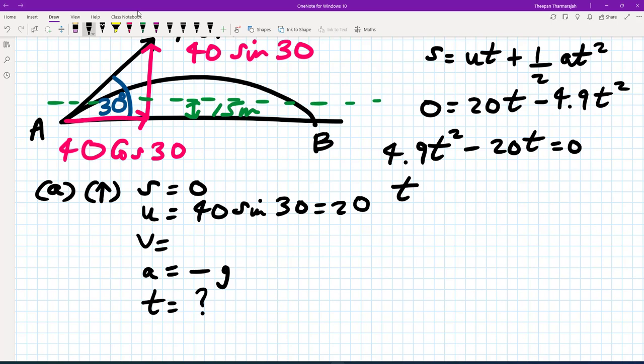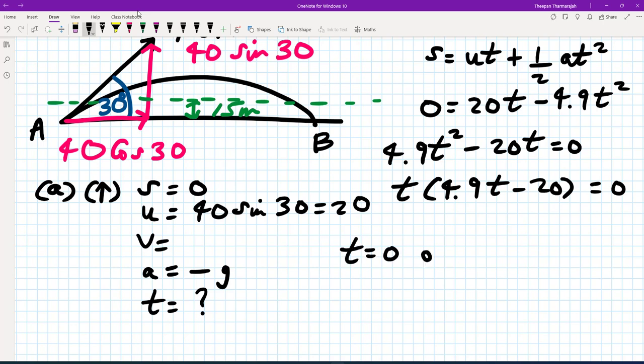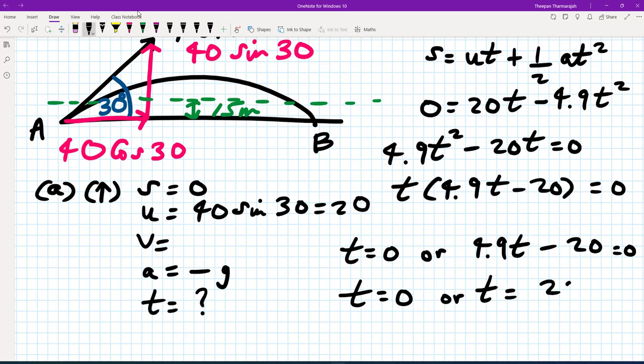You can factorize that to be t(4.9t minus 20). So our two time points we want are as follows: t equals 0, or 4.9t minus 20 equals 0. So t equals 0, or t equals 20 over 4.9.